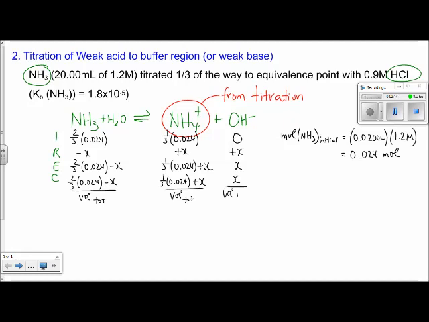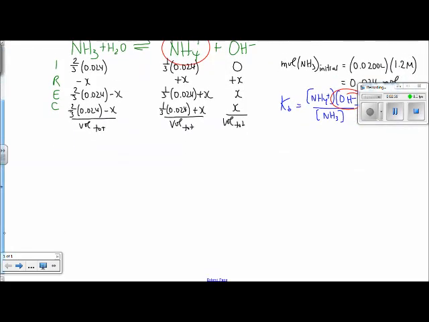So remember, this is a weak base, so we're going to be using a Kb expression to find the pH. So the Kb of ammonia, we have the ammonium ion times the hydroxide ion molarities divided by the ammonia molarity. It's the hydroxide molarity we're interested in to get our pH, so we rearrange the equation to solve for the hydroxide ion molarity.